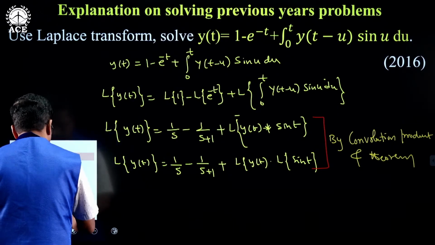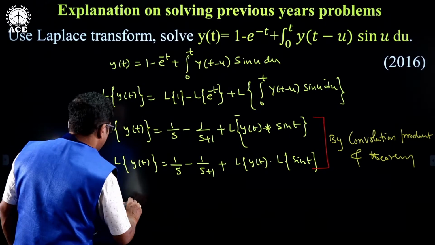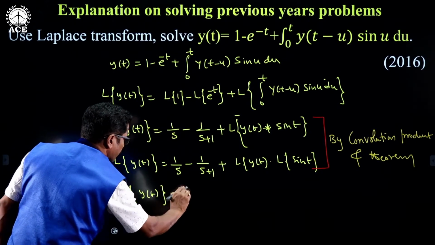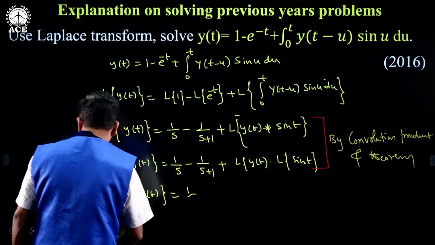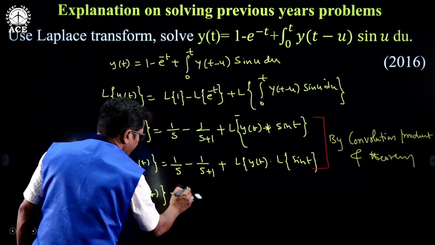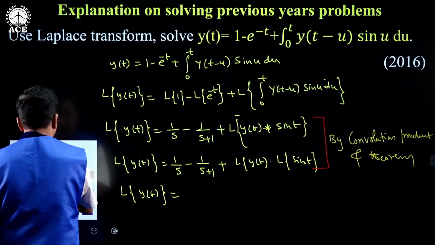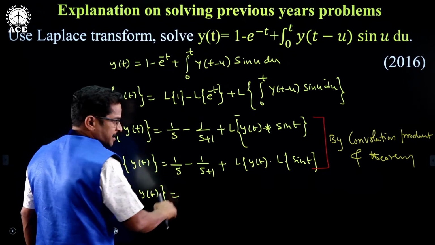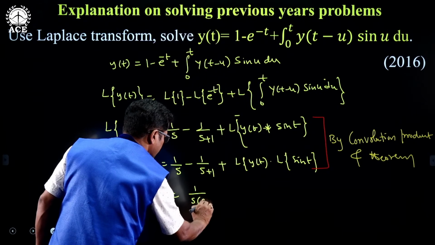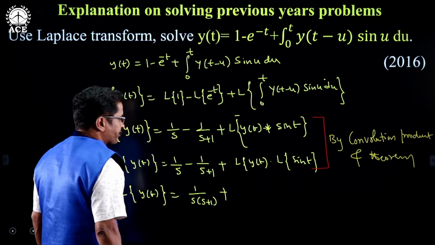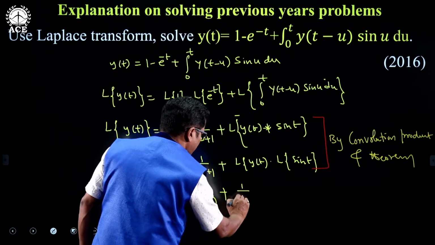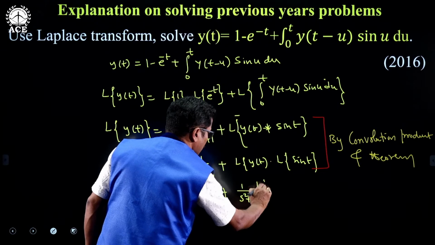So now, L of y of t is equal to 1 by s minus 1 by s plus 1, otherwise you can simplify this. If I simplify, what do you get here? Directly, s plus 1 minus s is going to be 1 by s into (s plus 1), plus, here L of sin t is 1 by s square plus 1, so 1 by (s square plus 1) into L of y of t.